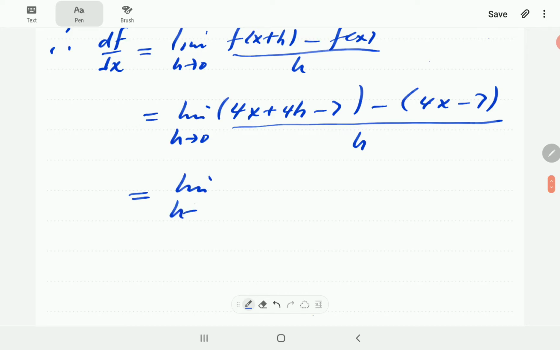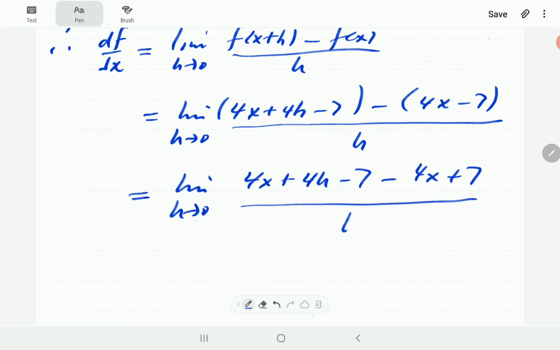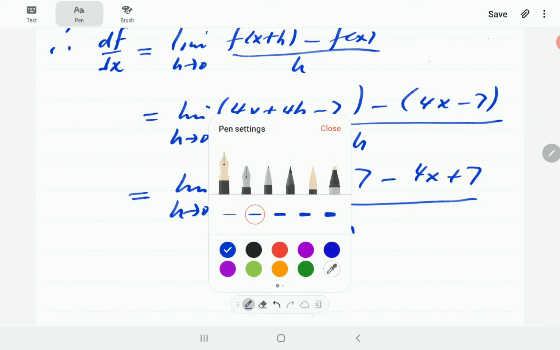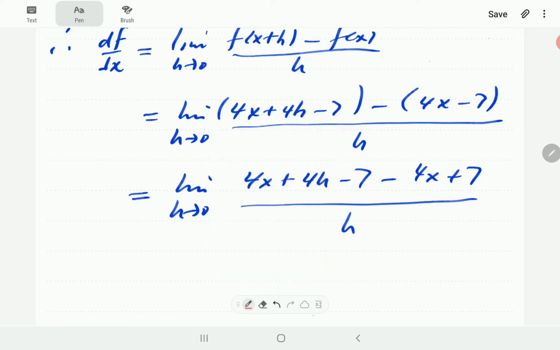So if we do that, this is going to be 4x plus 4h minus 7. Remove the brackets this side, it's going to be minus 4x plus 7. Then in the numerator some terms are going to simplify. 4x minus 4x cancels out, minus 7 plus 7 cancels out. Then in the next line we are going to have 4h over h.